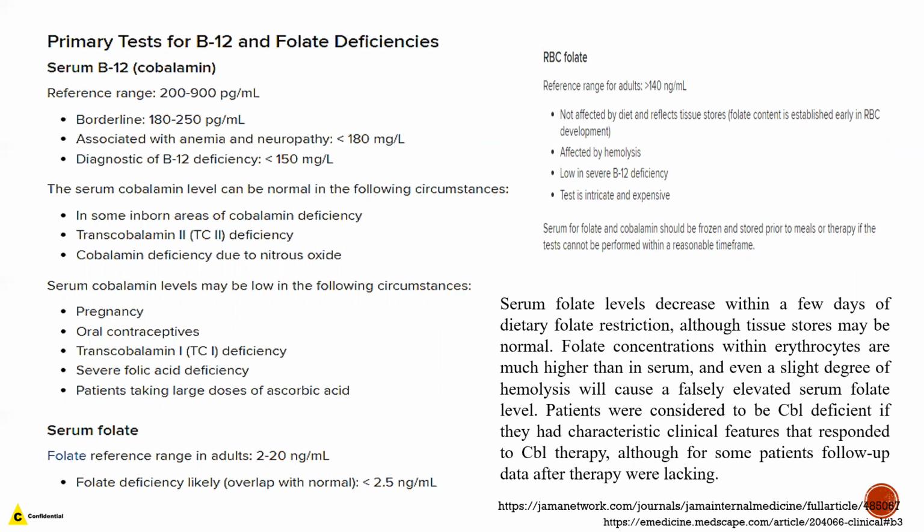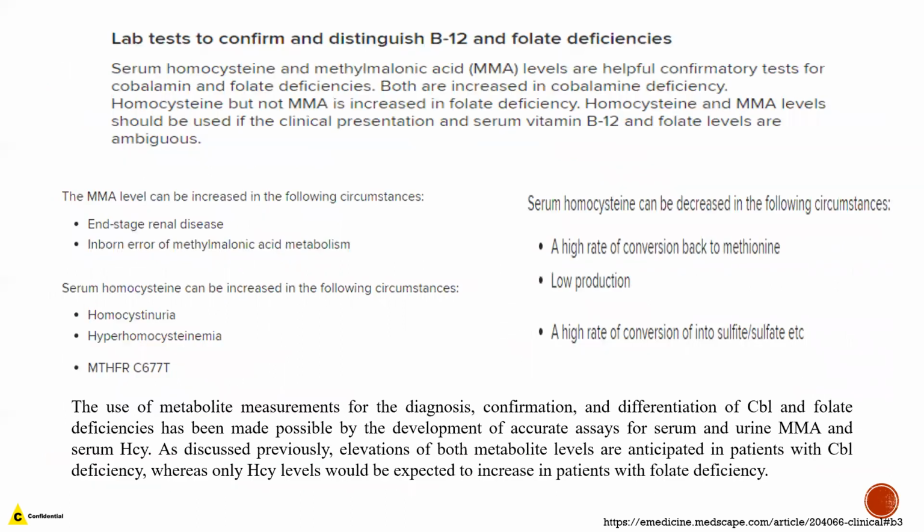Folate concentration within erythrocytes is much higher than in the serum, and even a slight degree of hemolysis will cause a falsely elevated serum folate level. Patients were considered cobalamin deficient if they had characteristic clinical features that responded to cobalamin therapy. Also, for some patients, follow-up data after therapy is lacking.